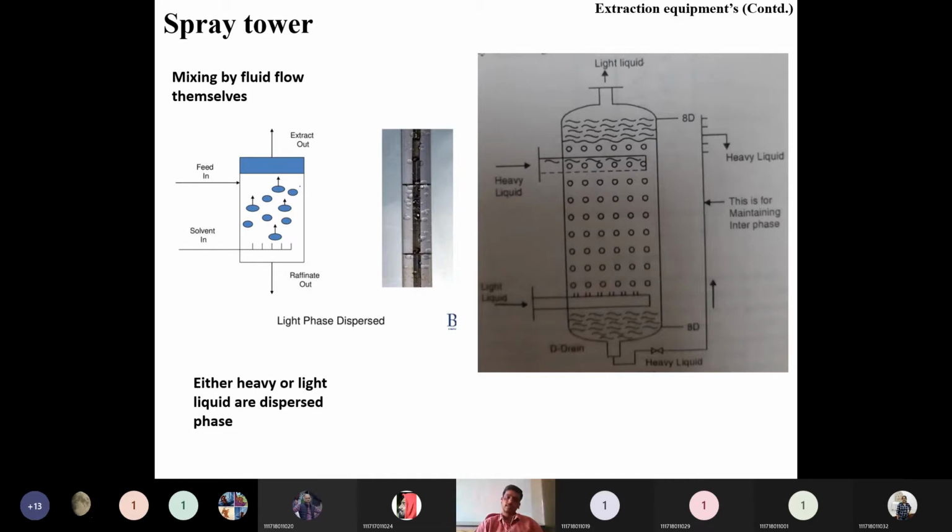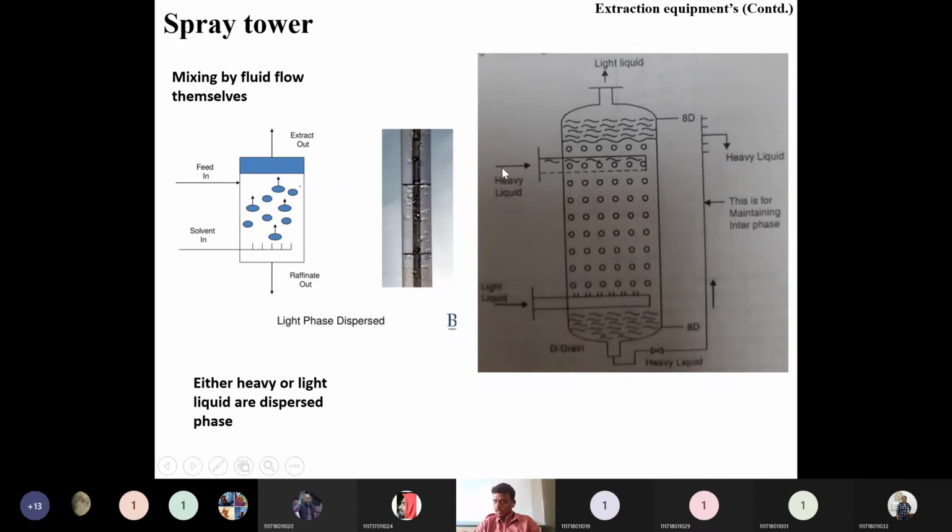Here there is no agitator or any external force. There is nothing there. Only due to the flow of the two fluids, the mixing is happening here. Now if you put the heavy liquid as the dispersed phase, the sprinkler will be arranged here.